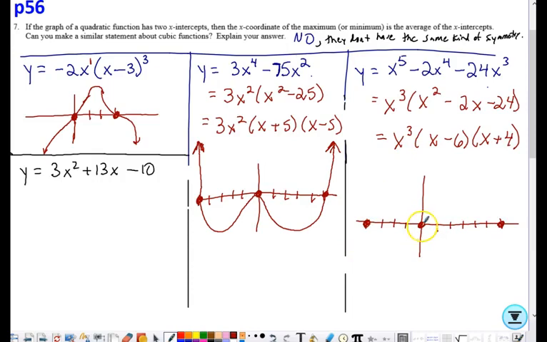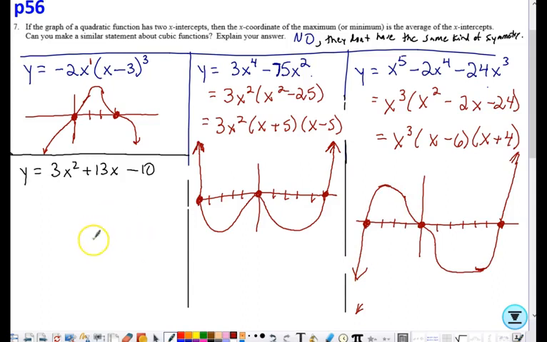Actually, I'm going to figure out my end behavior first. Odd degree, positive leading coefficient, this way. So we're going to go straight through here and straight through here. So this one, I'm going to change the concavity. Let me try again. And connect to my other pieces. And there's our graph.